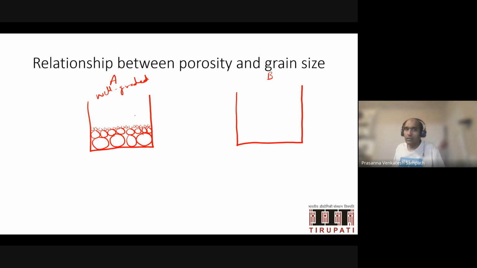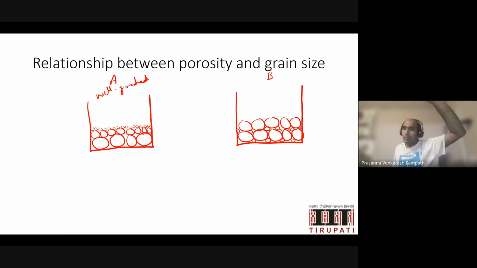I take the same particles that are in beaker A and put them in beaker B, but what I do is I put these smaller particles occupying these areas. The total number of particles in A and B are exactly the same.